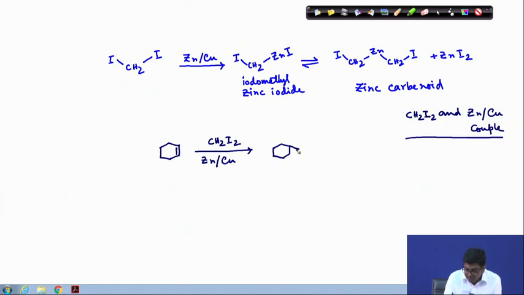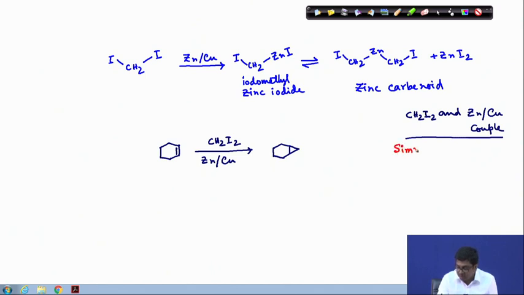We will get, nicely, from the olefin the corresponding cyclopropane. This is the basic fundamental Simmons-Smith reaction.